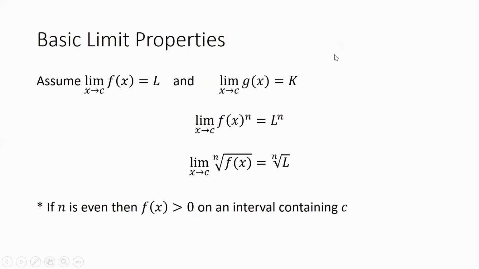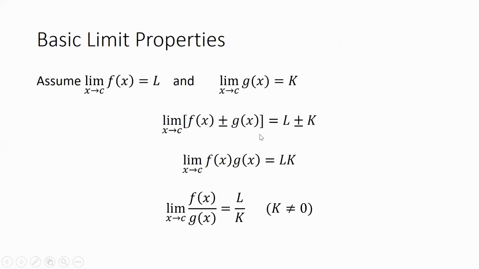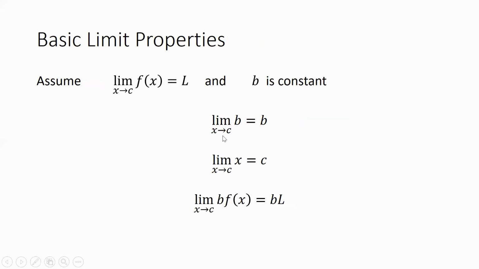One of them, the fact that exponents can be done this way. Another one, the fact that we can add and subtract pieces individually. Another one that says limit of a constant is the constant. And the last one that says limit as x approaches c of x is c.